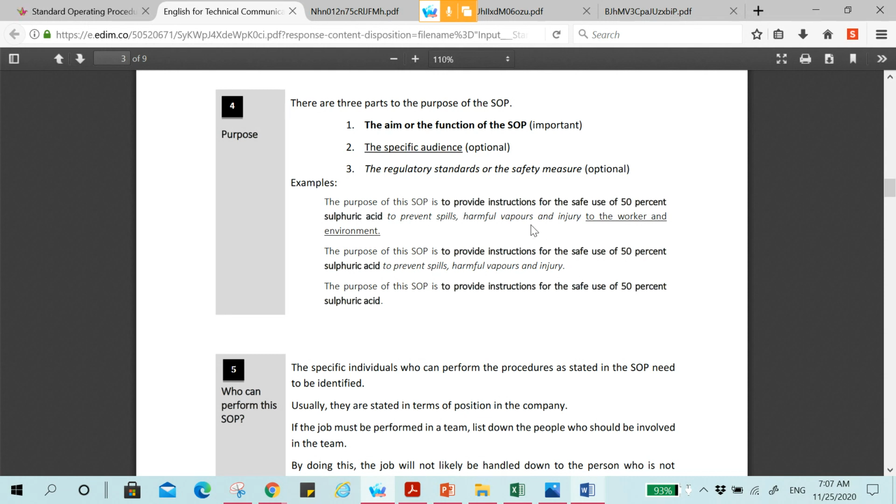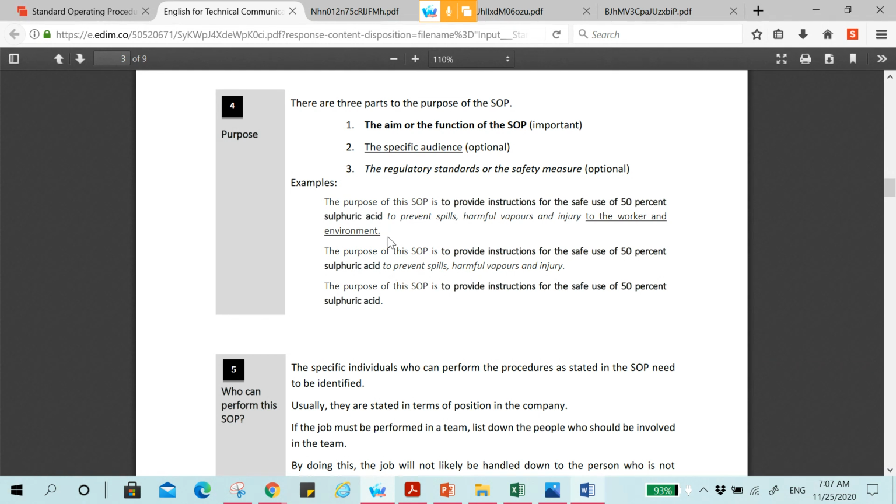And then the last one is you just write the aim or the function of the SOP only. So you don't write the optional ones here. So for example, you have here: the purpose of this SOP is to provide instructions for the safe use of 50% sulfuric acid.